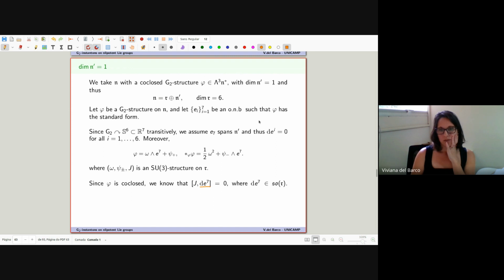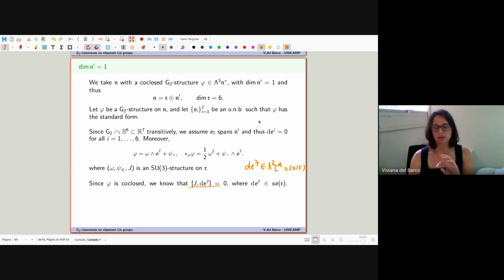Here I'm taking that d of e7 is in lambda 2 of the dual of the complement, and I am using the isomorphism with skew-symmetric maps. For those who are familiar, this is minus the JZ map. But I will not mention the JZ. So what we know is that J needs to commute with this skew-symmetric matrix.